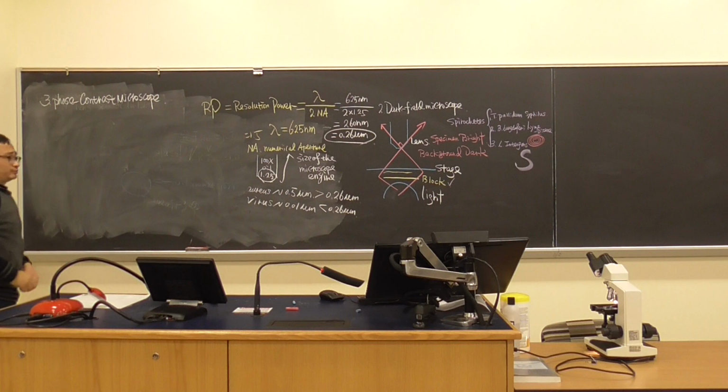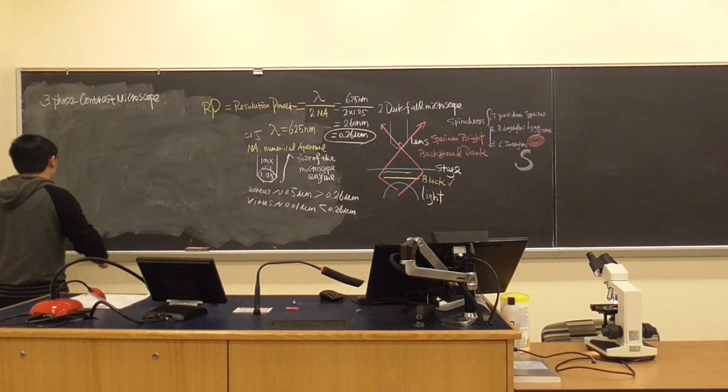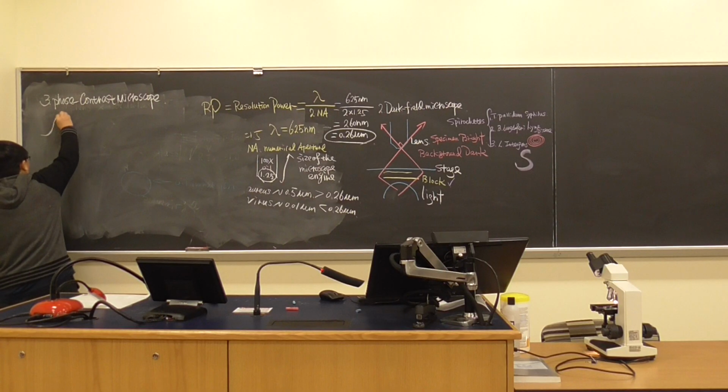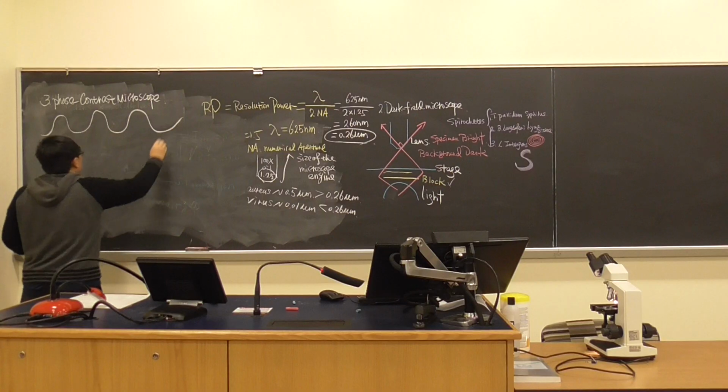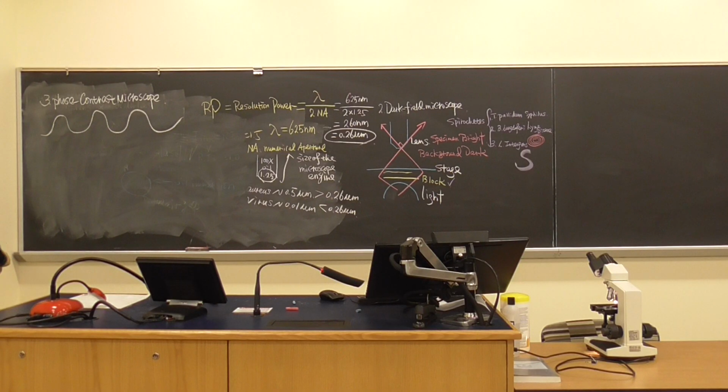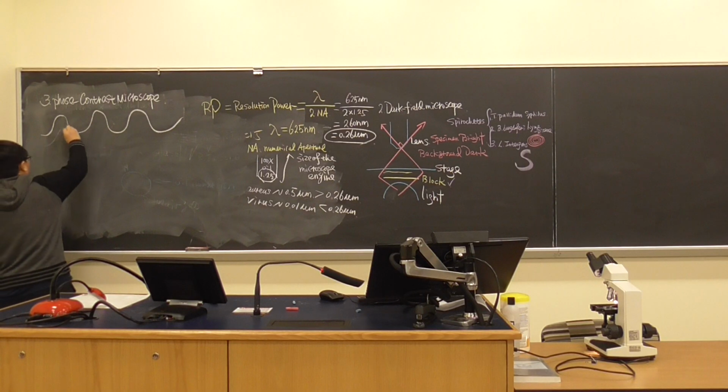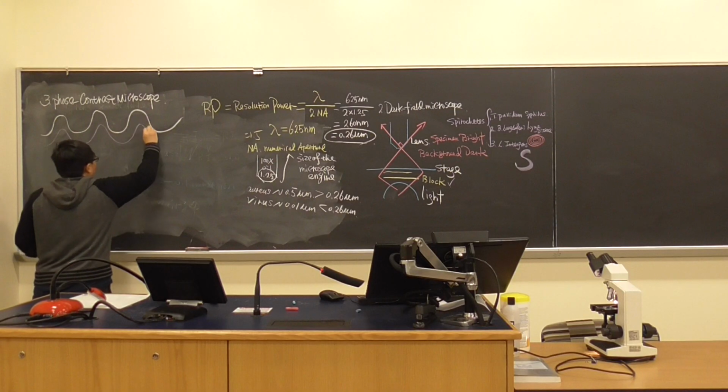So what is that? We're going to talk a little bit about physics, about the wavelengths. If the wavelength is like this, and there is another wavelength like this, what will happen?